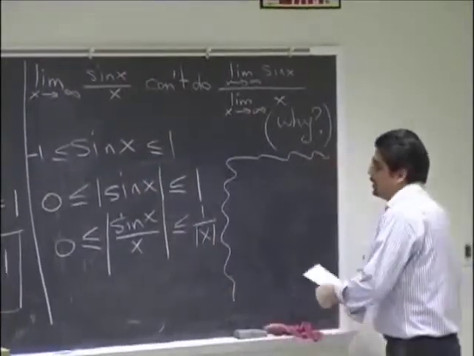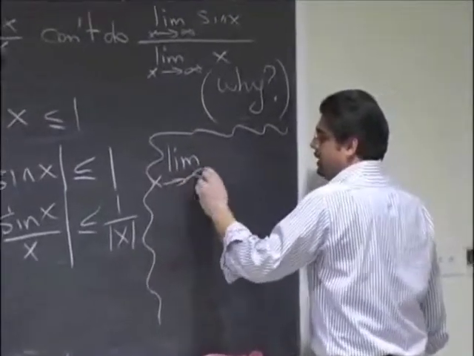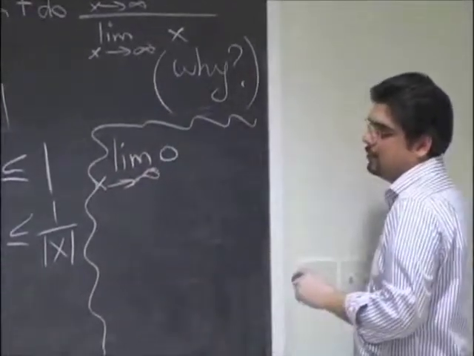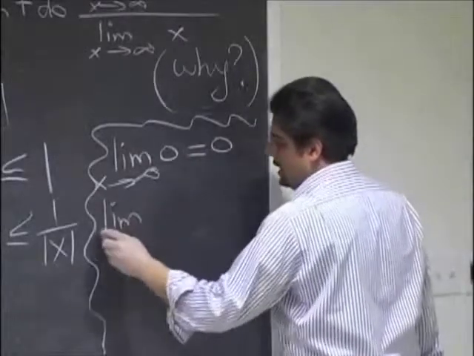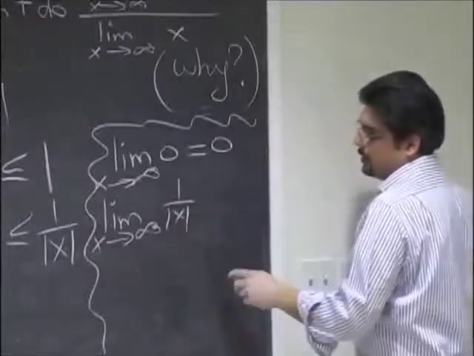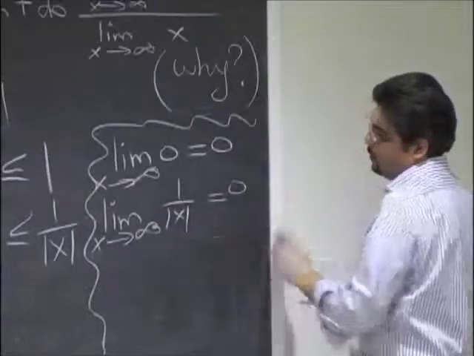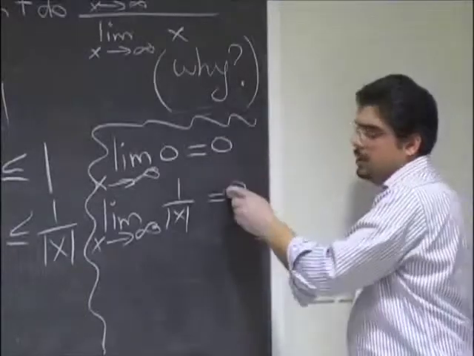Okay. What's the limit, as x goes to infinity, of 0? 0. What's the limit as x goes to infinity of 1 over absolute x? 0. We might as well not write absolute x. X is positive. These two are the same.